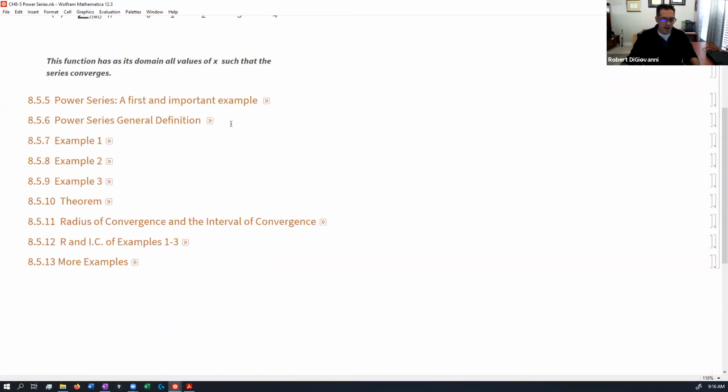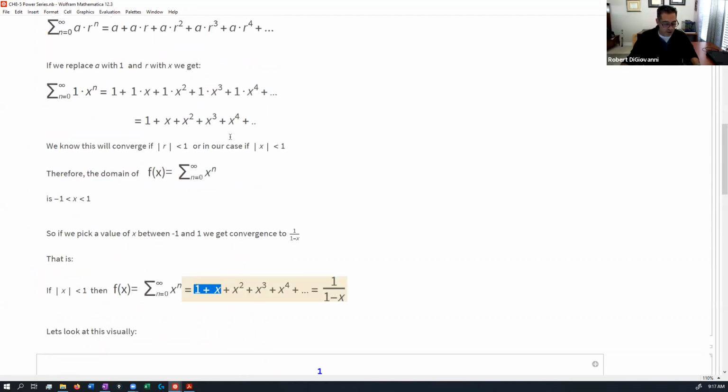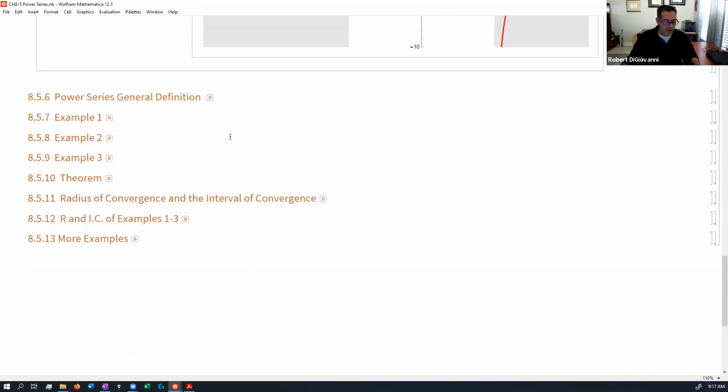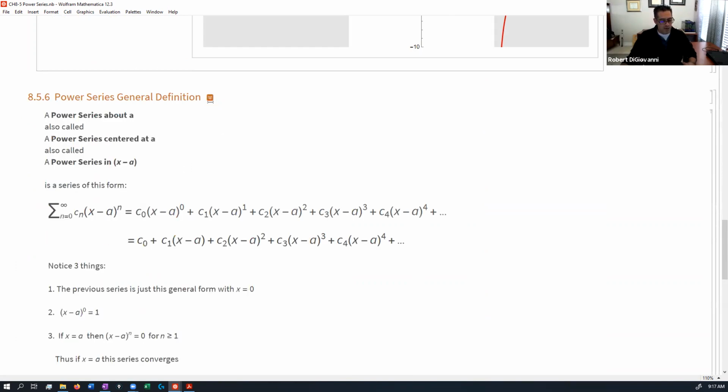Now we need to talk about the general definition. Right now, what I've given you is a power series. I gave you the general idea of power series, but we're going to generalize it even more. So this is a definition: a power series about a. That's the way you'd say that. Or you could say a power series centered at a.